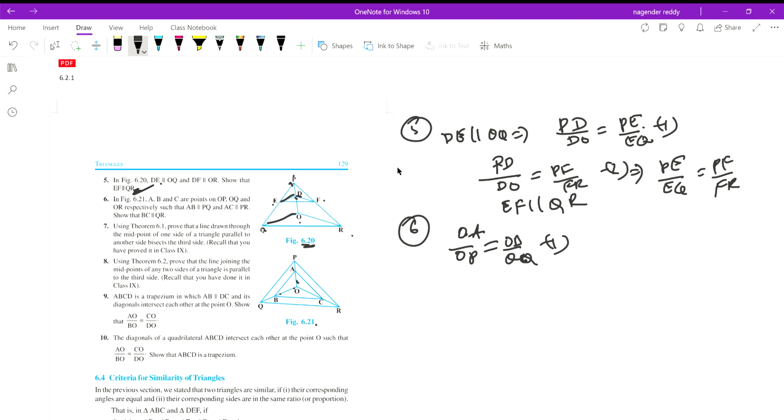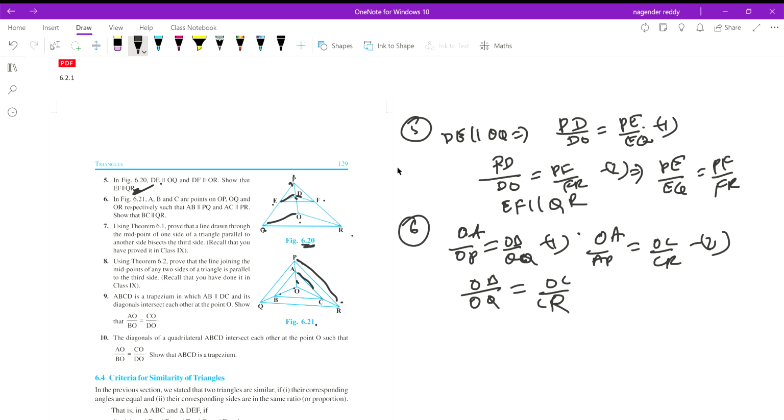AC is parallel to PR. Since AC is parallel to PR, we can write OA by AP is equal to OC by CR. Consider equation number 2. Now you can observe these two are equal, so we can write OB by BQ is equal to OC by CR.